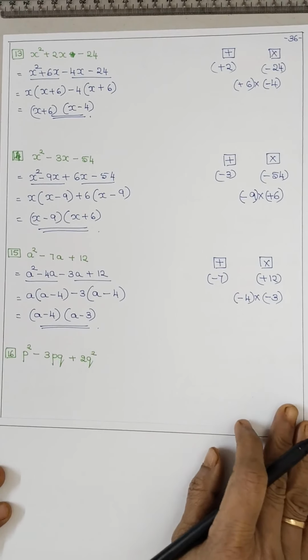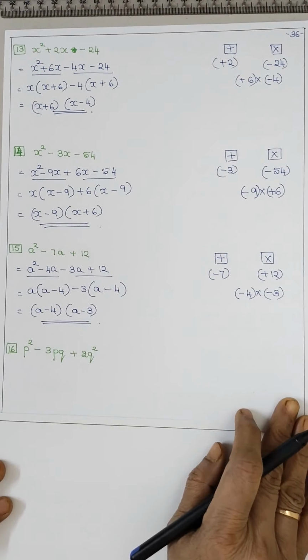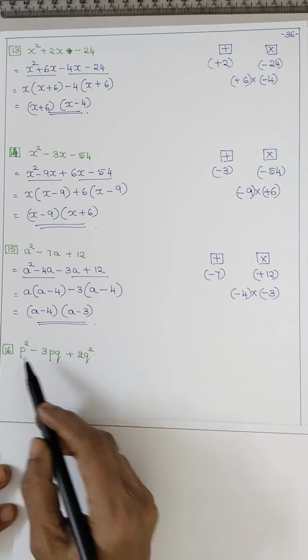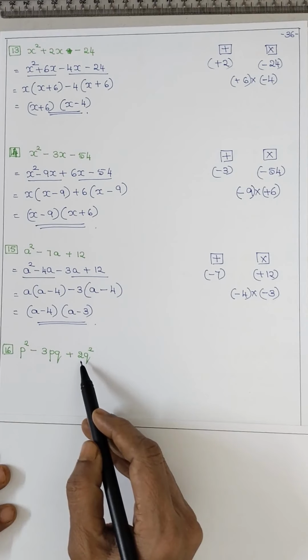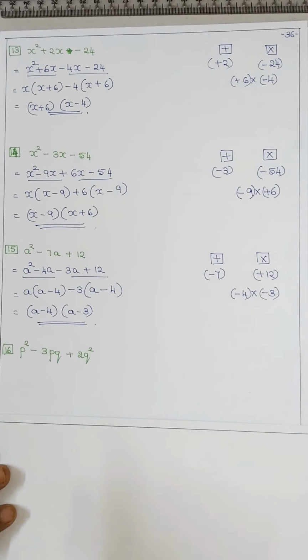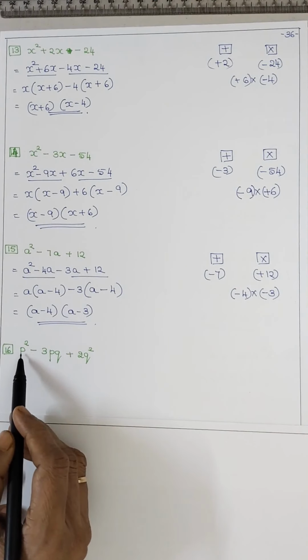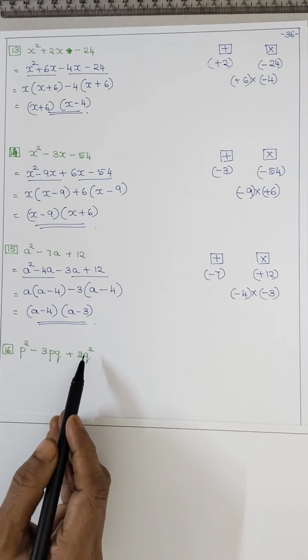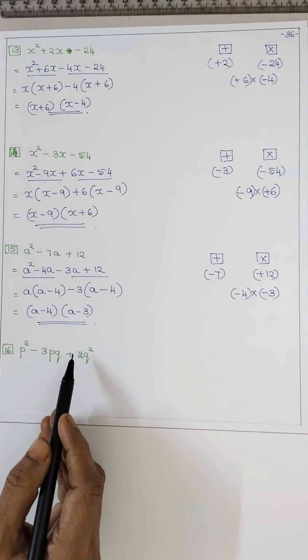Now coming to the last sum, 16th sum, little bit tricky. It is p squared, it is 2q squared. Here it is minus 3pq. So don't think this is p squared, square is there here also. Don't think about the second identity.